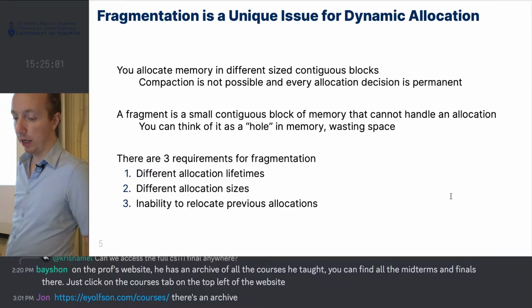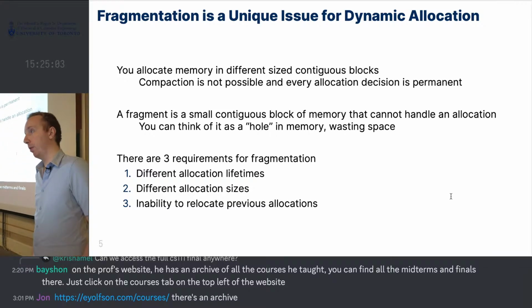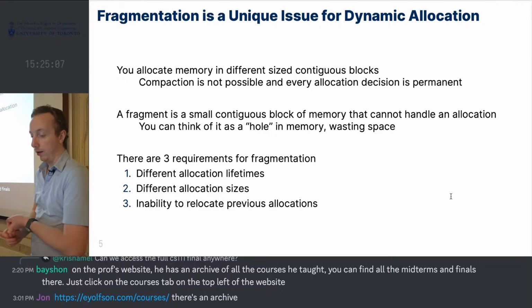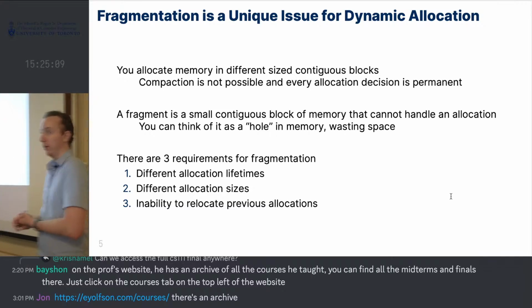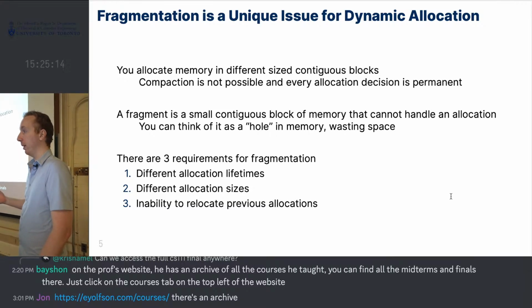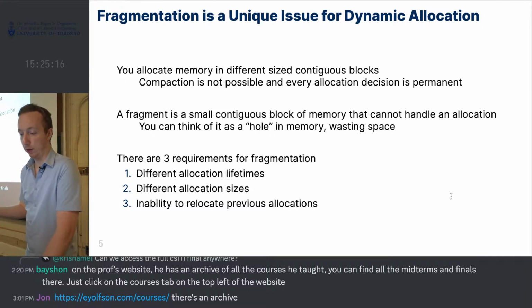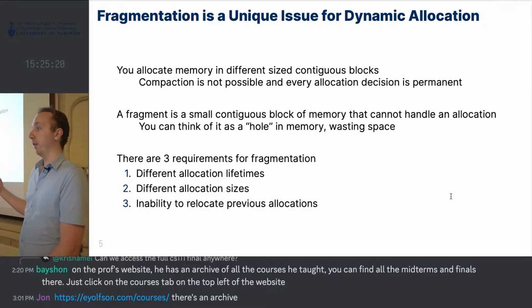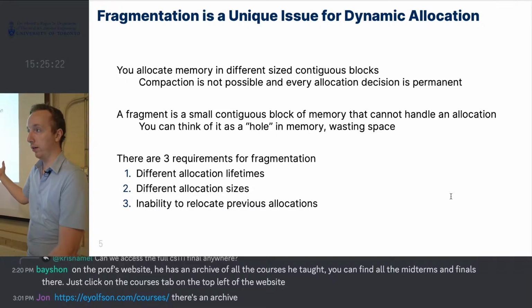And in order for fragmentation to happen with memory allocation, you have to have 3 requirements and they must all be true. So the first is different allocation lifetimes. So an example of having all the same lifetime where fragmentation is not an issue is your stack. So for your stack, all your local variables last as long as the function exists.